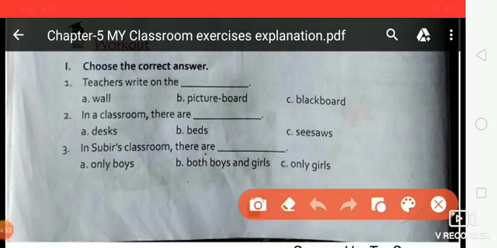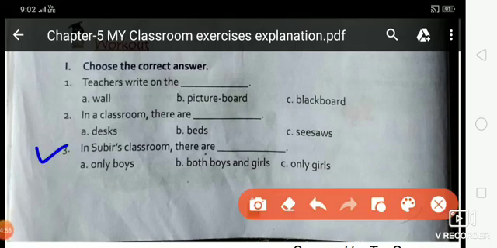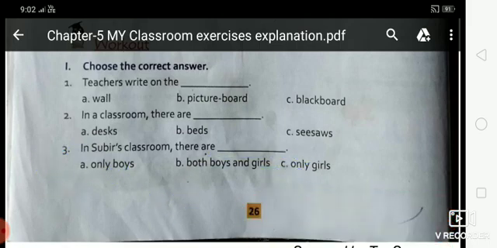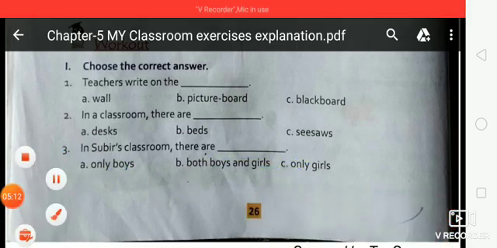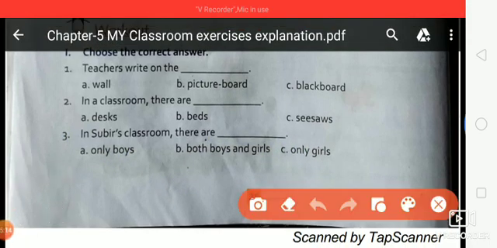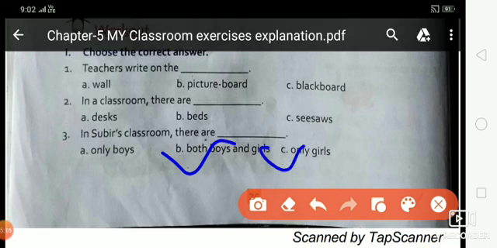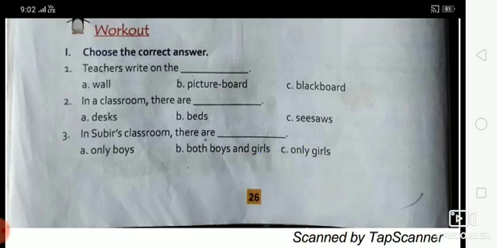question 3, and question 3 is: in Subir's classroom there are dash. Option A is only boys, option B is both boys and girls, and option C is only girls. Now students, tell me, is option A correct, or B, or C?